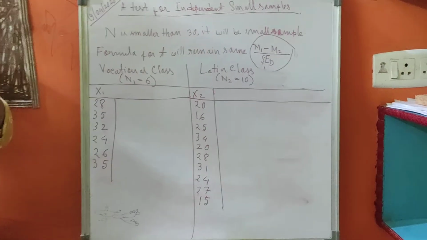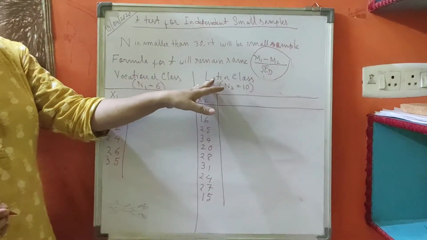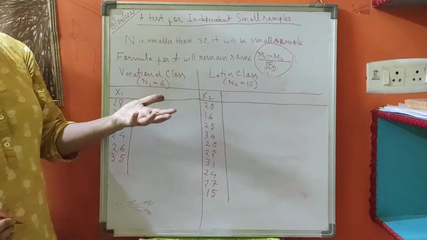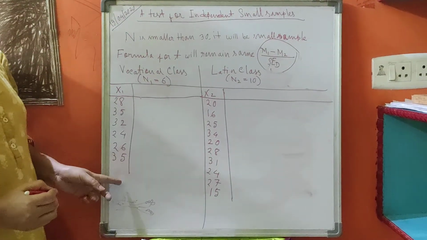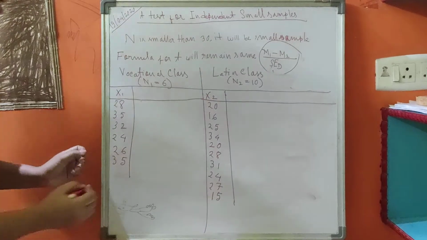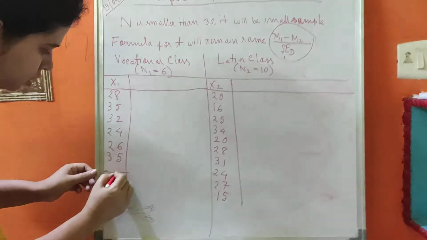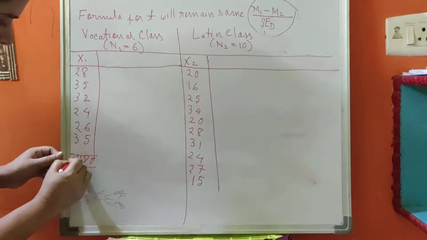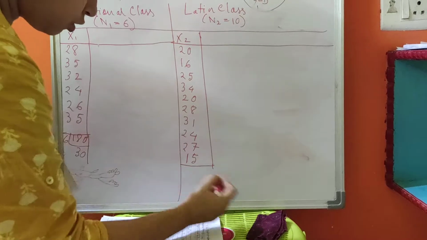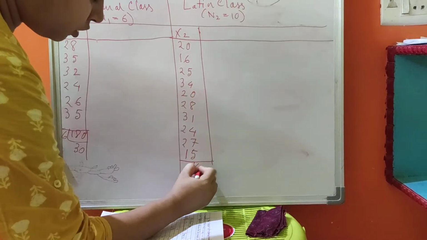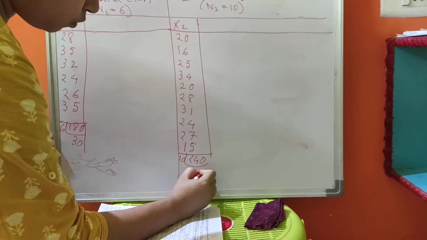These are the raw scores obtained by these two different groups of boys on an interest inventory. First we will calculate the mean value for both groups. The total is 180 divided by 6, so it is 30. Here it is 240 divided by 10, so 24.